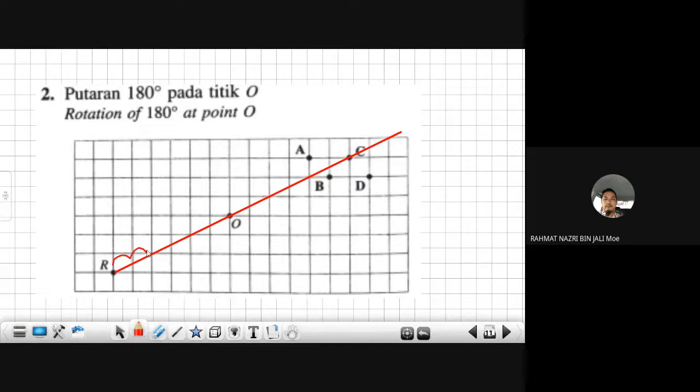Check 1, 2, 3, 4, 5, 6. This is an approximation. Okay, this is 1, 2, 3, 4, 5, and 6. Okay, so the answer is C. C is the object to the point R.